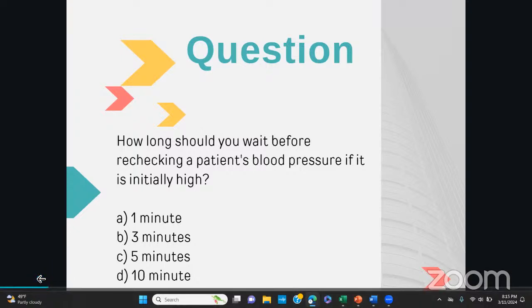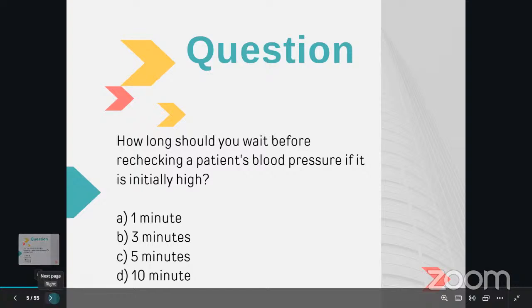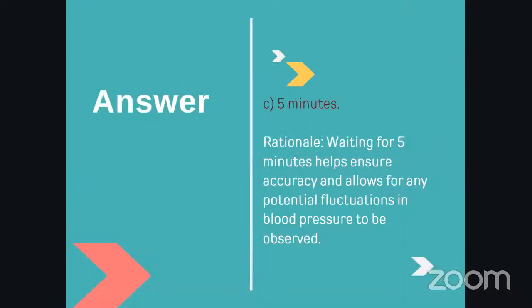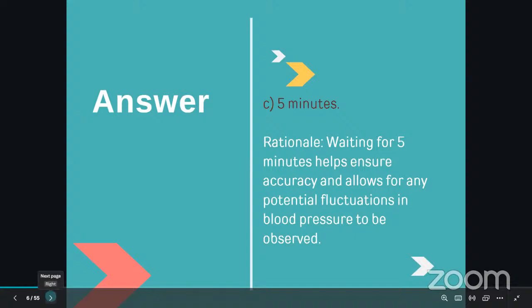Let's check our answer. The answer is 5 minutes. So you want to wait at least 5 minutes to ensure accuracy and to check for any potential fluctuation while you're checking the blood pressure. So in this situation, it is C, 5 minutes.